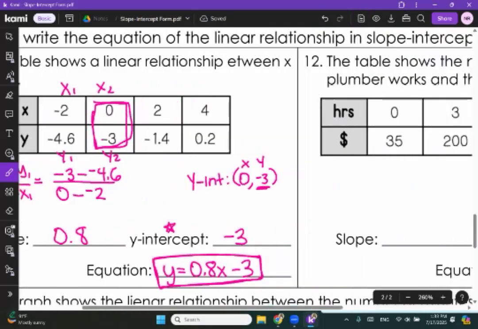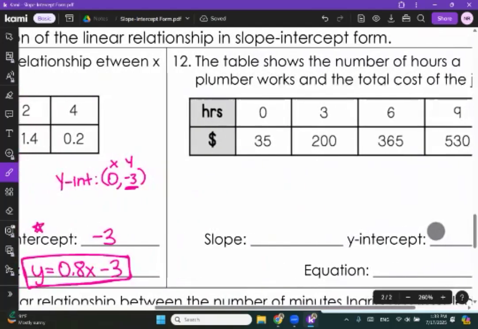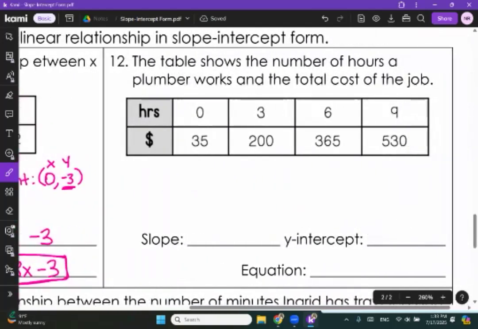Next, number 12. Let's find that slope. I'm just going to use the very first 2 points like the last one. It really does not matter which two you use, x1, x2. I've been doing that a lot. y1, y2. So to find the slope, 200 minus 35, over 3 minus 0.